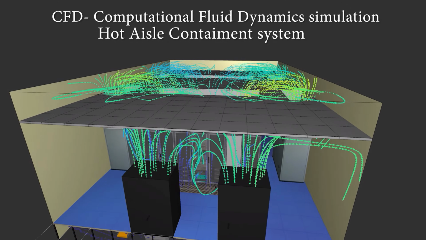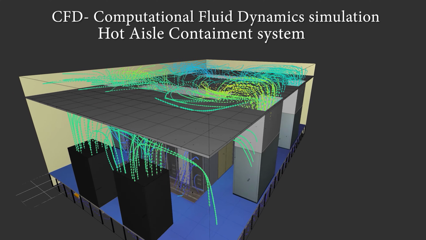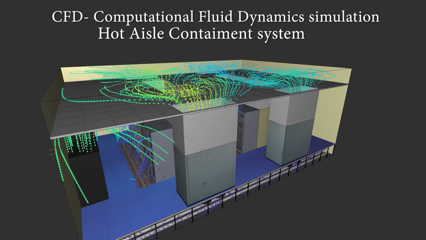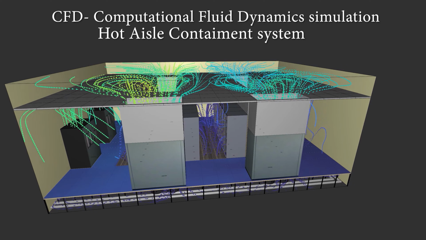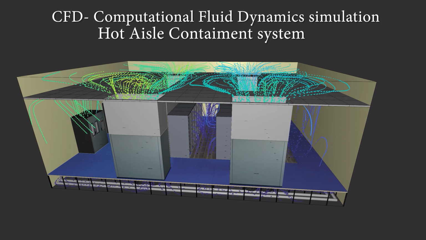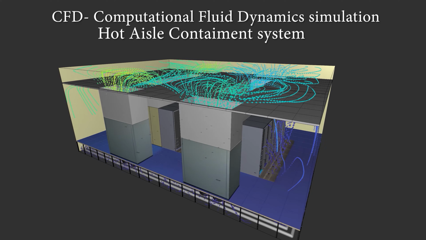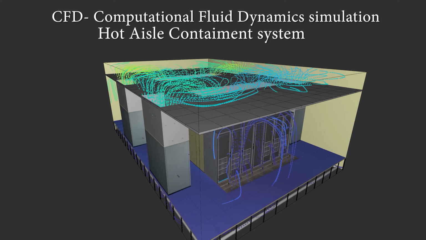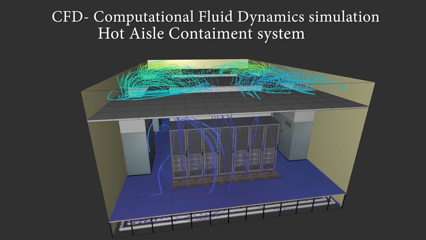This CFD, Computational Fluid Dynamics simulation, analyzes the airflow path of a hot aisle containment system. In a hot aisle containment system, the hot aisle is fully enclosed. The characteristics include cabinet-mounted ITE with front-to-rear airflow, i.e. cold intake air in the front and hot exhaust air in the rear, a ceiling over the hot aisle, and CRAC units that draw in hot air from the hot aisle and blow cold air into the cold aisle.